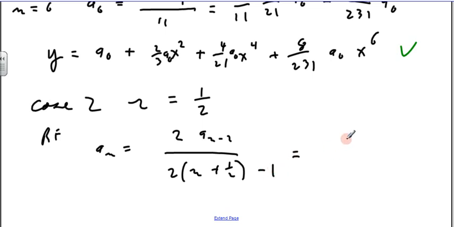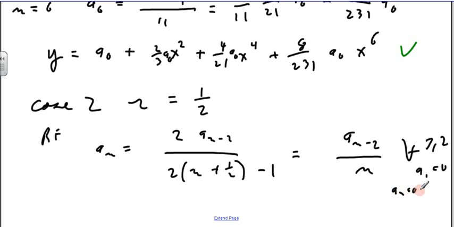So my recurring formula becomes a_(n minus 2) over n for all n greater than or equal to 2, but the a1 is still 0, so all the odd guys are still going to be 0. So a_n is equal to 0 for all odd.